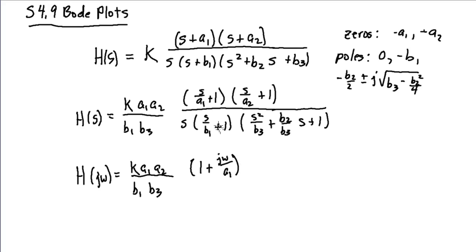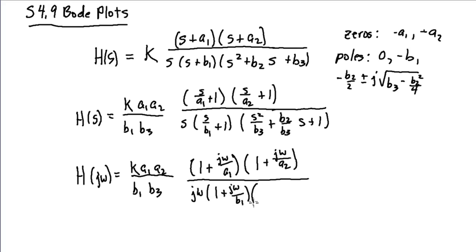So this will be this first term here, just swapping the order of the terms. j omega over A2, and then here we'd have j omega, 1 plus j omega over B1, and then finally 1 plus j omega B2 over B3, and then I'll have j omega squared over B3 as the final expression.